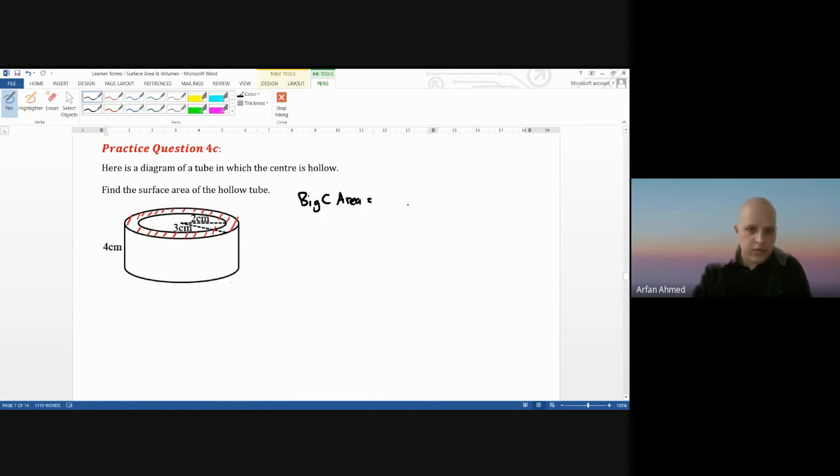is going to be, that's going to be the radius there, 3. So that's going to be pi times 3 squared, which is 9 pi. And the small circle area, which is pi times 2 squared, which is 4 pi.